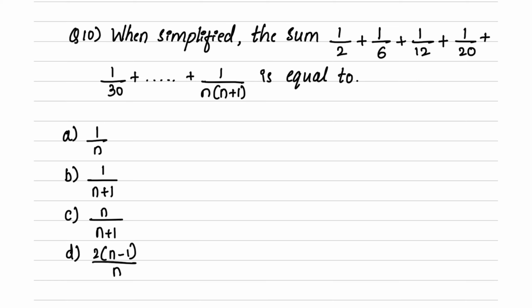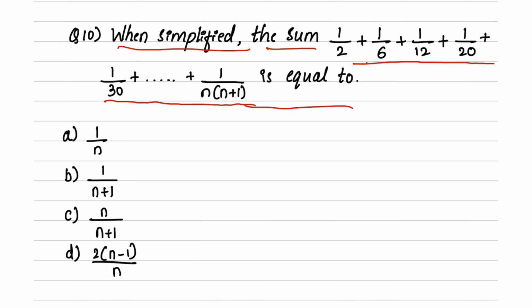See the last question. When simplified, the sum 1 by 2 plus 1 by 6 plus 1 by 12 plus 1 by 20 plus 1 by 30 and so on till 1 by n into n plus 1 is equal to. See here this final term 1 by n into n plus 1.